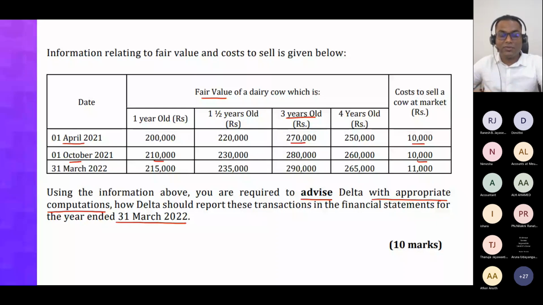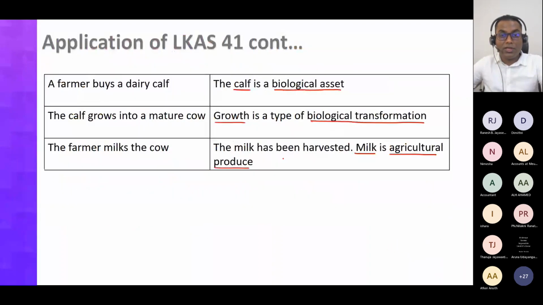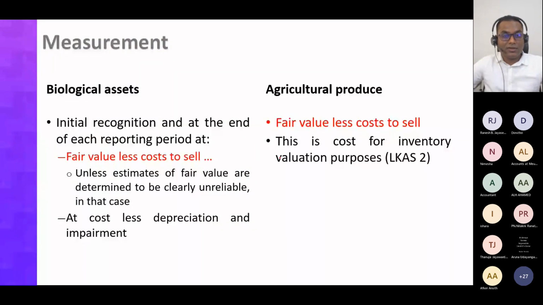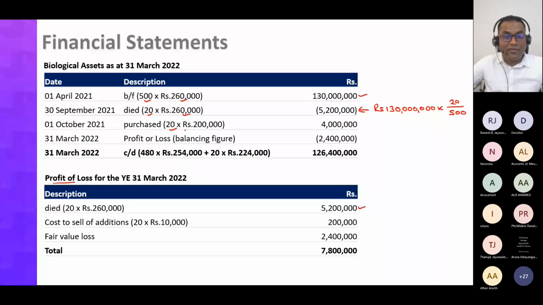It has to be 200,000. So I need to add to the biological asset 200,000 per cow into 20 cows. Even though I have paid 210,000 per each cow, I need to add to the biological asset only the fair value less cost to sell, 200,000.